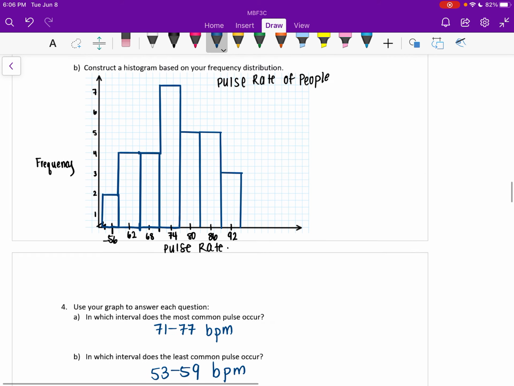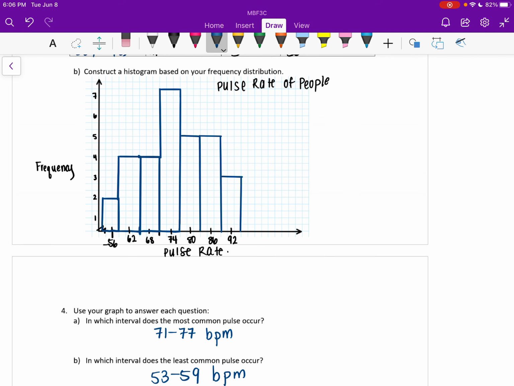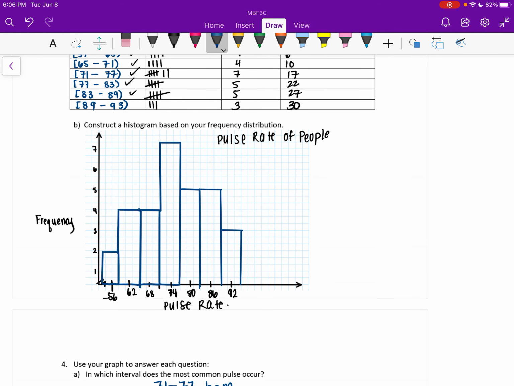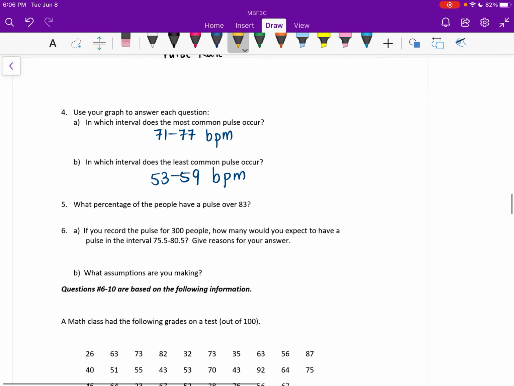So let's go look at where 83 lies. Or 83 is about the end of this interval right here, right? So we have our 83, which is right here. I'm just going to put it in the yellow, right? How much percent of people have a pulse rate higher than that? So we have this one, which is 5. And this one, which is 3. So 5 plus 3 people have a rate higher than that.